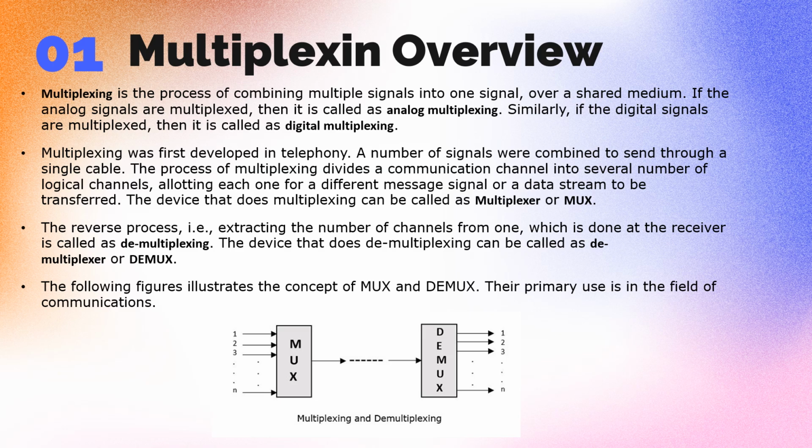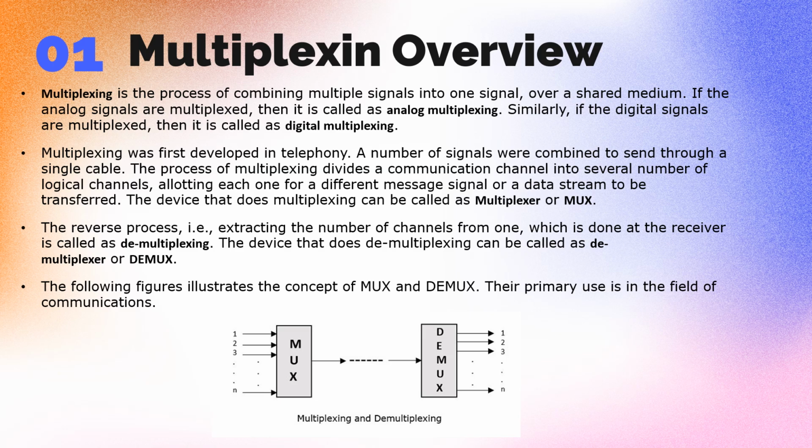Similarly, the reverse process is called demultiplexing, where extracting the number of channels from one, which is done at the receiver, is called demultiplexing. The device that does demultiplexing is called a demultiplexer or DMUX. So here is an illustration of multiplexing and demultiplexing, where you can see a number of signals 1, 2, 3, up to n.